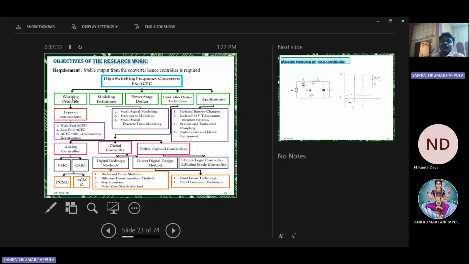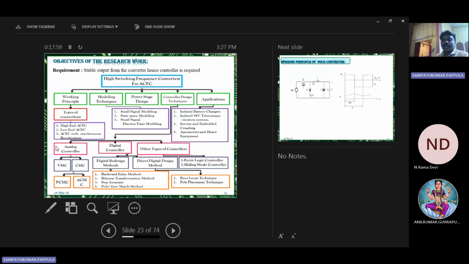In your project work, there is no need to do all those things. What you need to do: if someone designed the controller with a simple voltage controller, instead of the voltage controller you use a current mode controller, just changing the controller for the same network. If you get some delta X better results than the voltage mode controller, your work is completed.